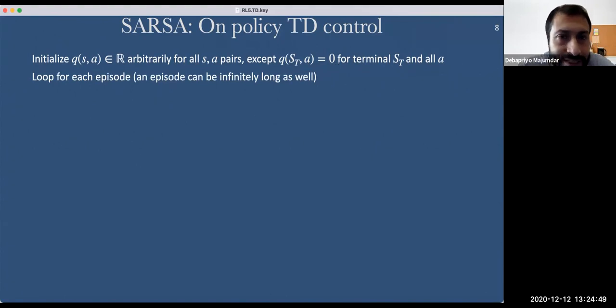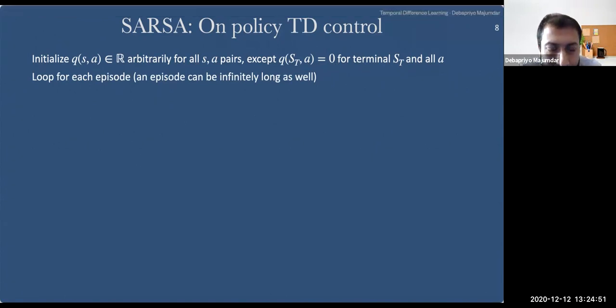Now loop for each episode. We are writing here each episode, but it doesn't mean that you need to actually have different episodes. It's also okay if the episode is very long. However, you need to have at least one episode somehow, otherwise the thing that we saw will not work.